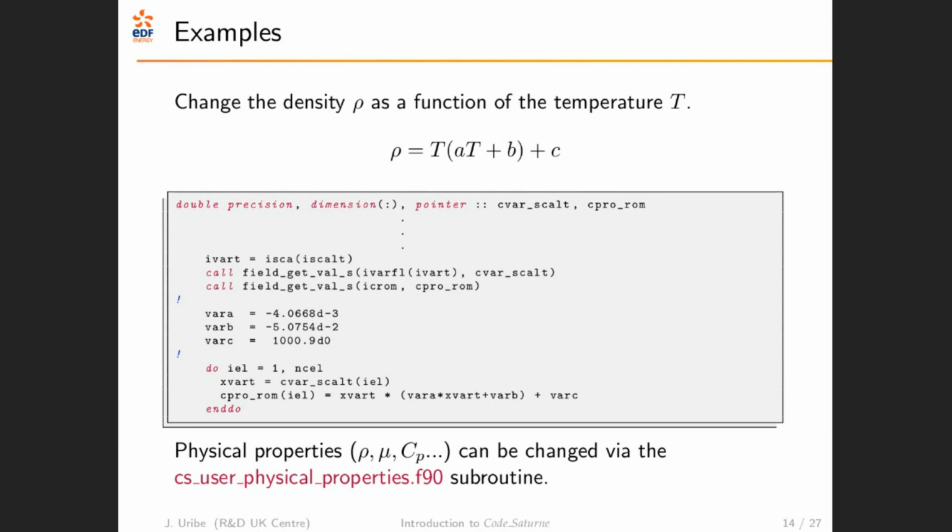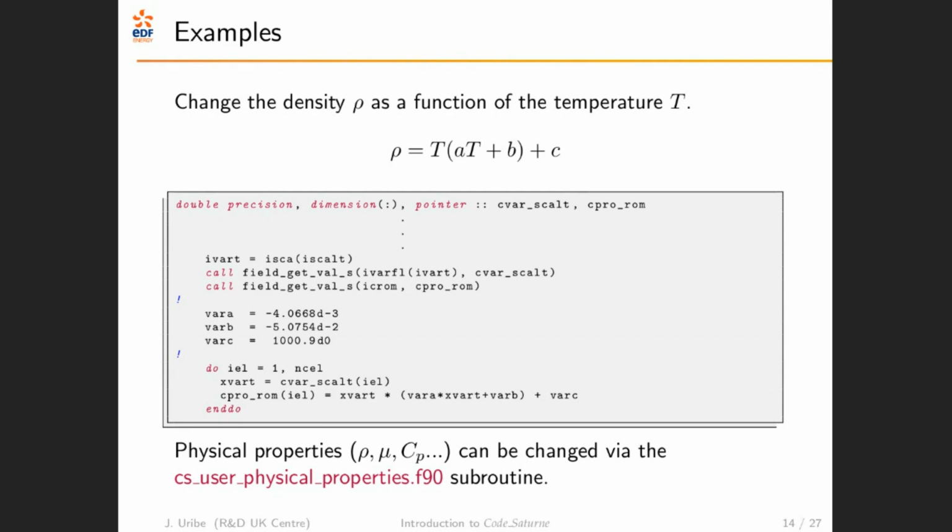This is like a shorthand notation. You could have many scalars, so you could have not only the temperature, you could have things like species concentration, or you could use another scalar to compute another temperature field that has different boundary conditions in the same calculation, for example, if it was a passive scalar, or any of the specific physics scalars that you can have.